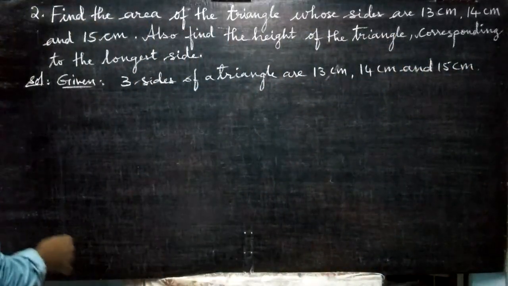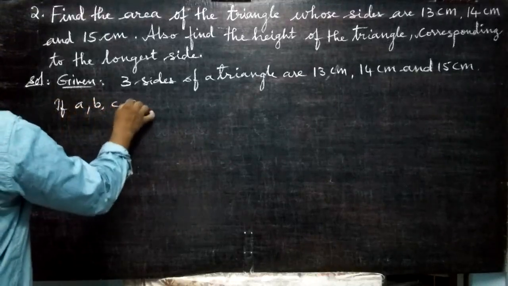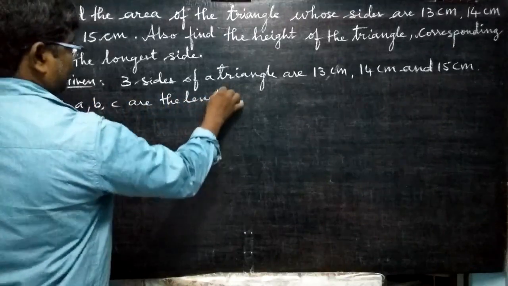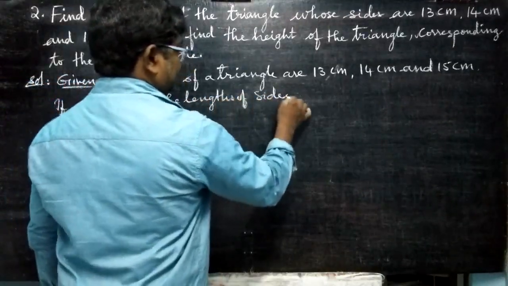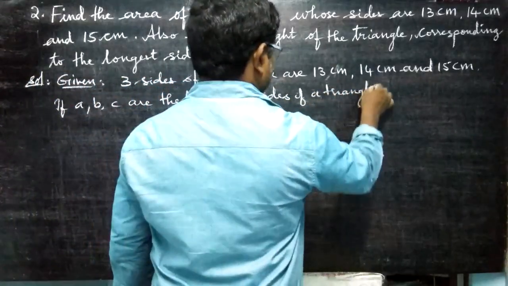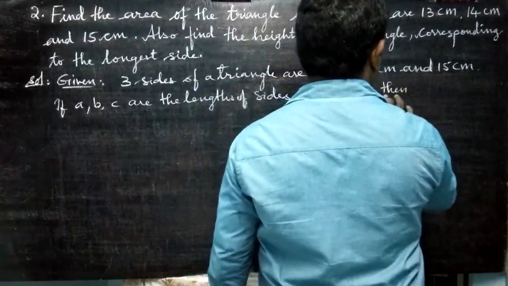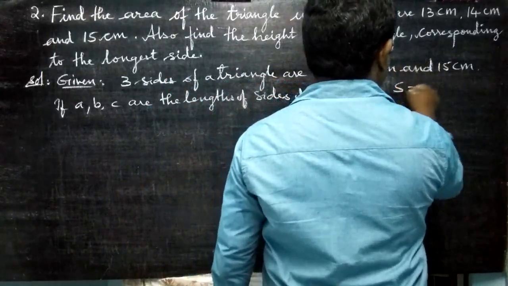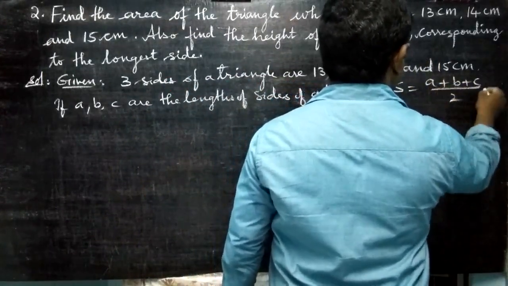Now, if a, b, c are the lengths of the sides of a triangle, then s is equal to a plus b plus c by 2.